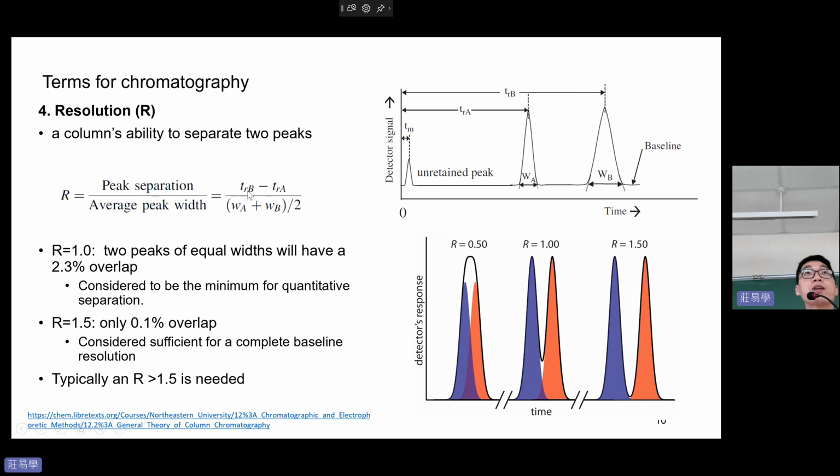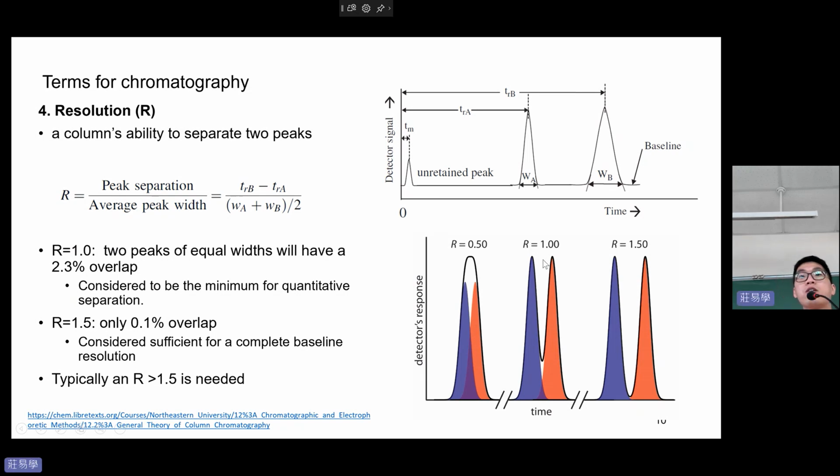Okay, so here is a typical example of peaks featuring different resolution. For example, if you have an R of 0.5, peak A and peak B merge, and you're only able to see a single broadened peak.